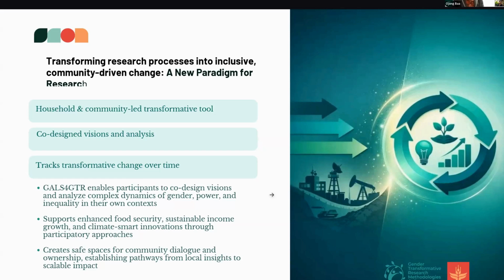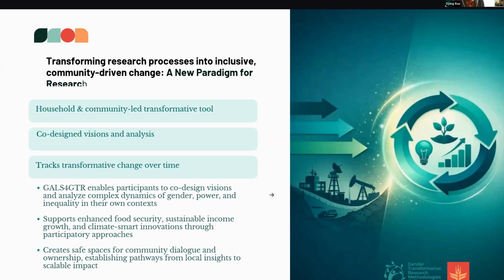It uses GALS often as an enabling environment tool that creates a safe space for communities to talk about visions, but also propose solutions. When we saw this as a key tool for supporting enabling environment outcomes, we felt there was also a need to strengthen the research component around key impacts that we want to achieve or communities want to see in their context.